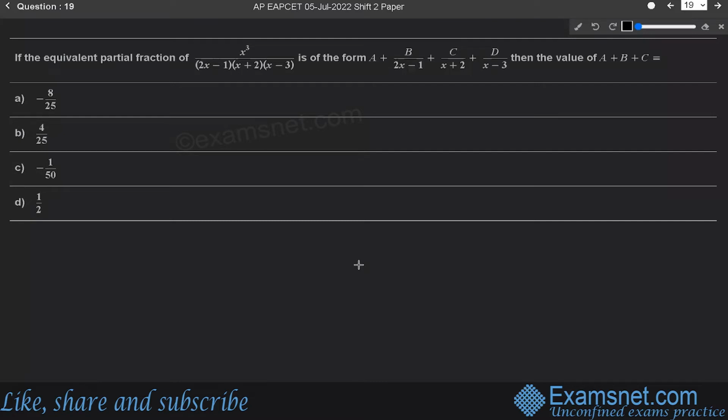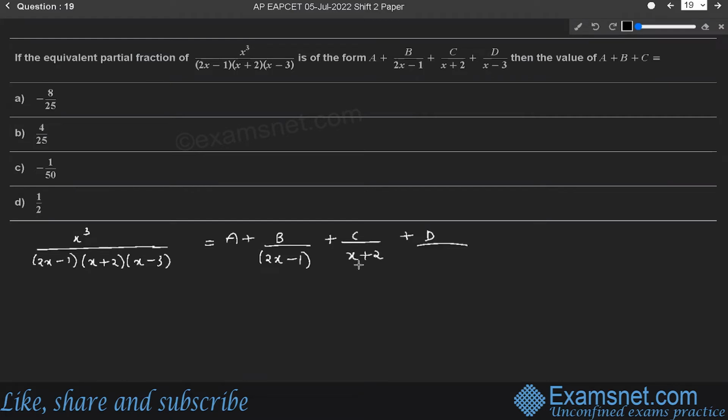Next question is, if the equivalent partial fraction of x cube divided by (2x minus 1) into (x plus 2) into (x minus 3) is of the form a plus b upon (2x minus 1) plus c upon (x plus 2) plus d upon (x minus 3), then the value of a plus b plus c is.